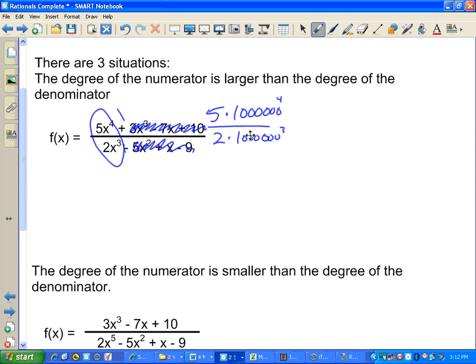You can think of it as 3 of my millions up here would cancel out and leave me with just 1,000,000. So I'd have a huge, huge number over 2, which is still going to be a huge, huge number. Now, if we think instead of 1,000,000 of infinity, because these numbers are going to keep getting larger and larger, this is going to approach infinity.